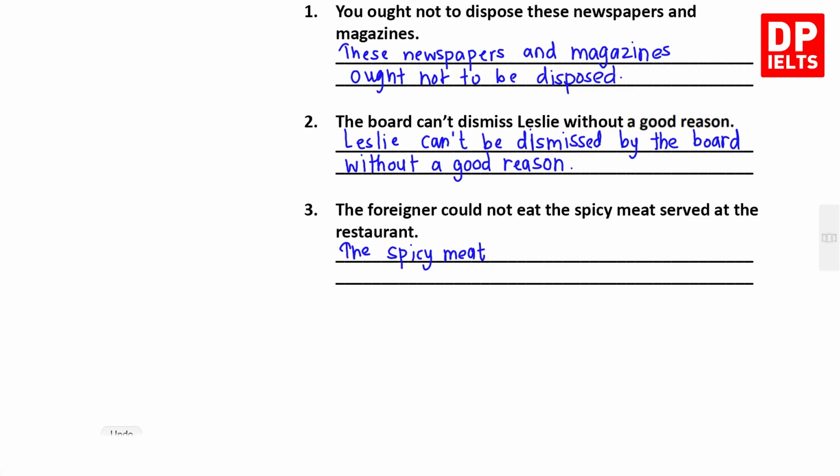The spicy meat served at the restaurant could not be eaten by the foreigner. Okay.